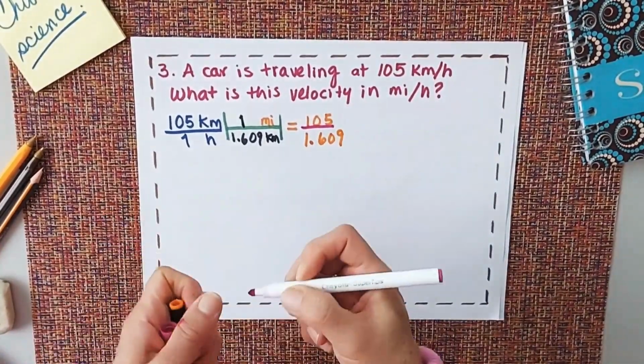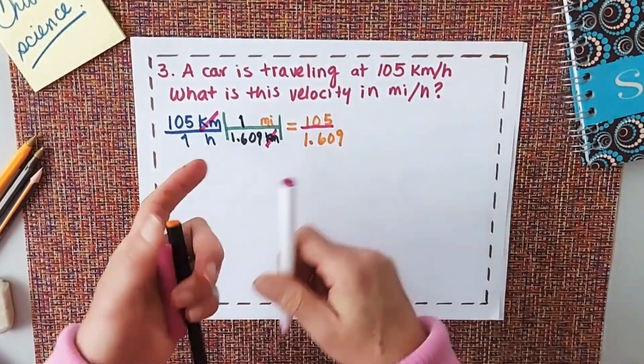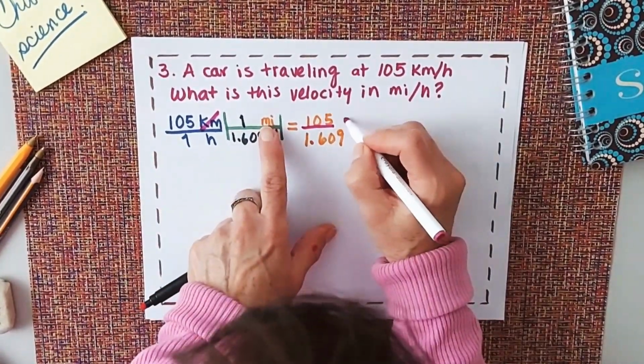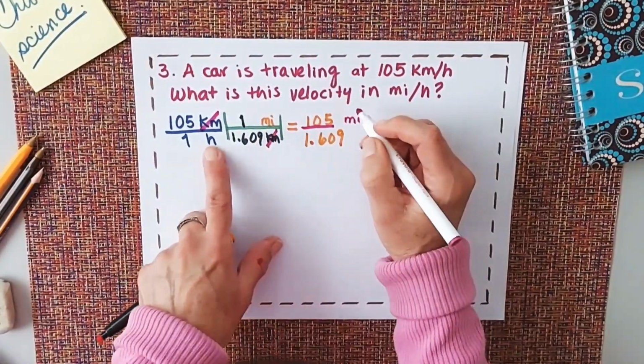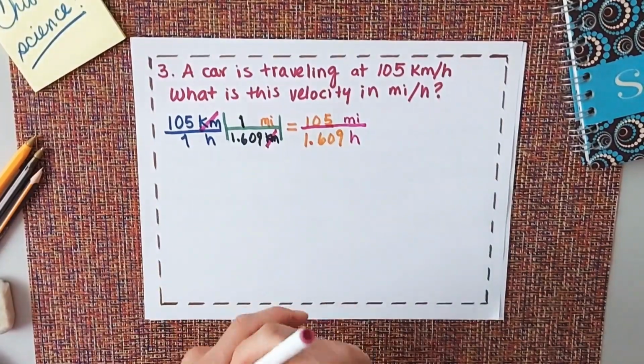Now we are going to cancel the units, kilometers with kilometers. And we have in the top of the fraction miles and in the bottom of the fraction hours. Okay? Now we are going to do the division.